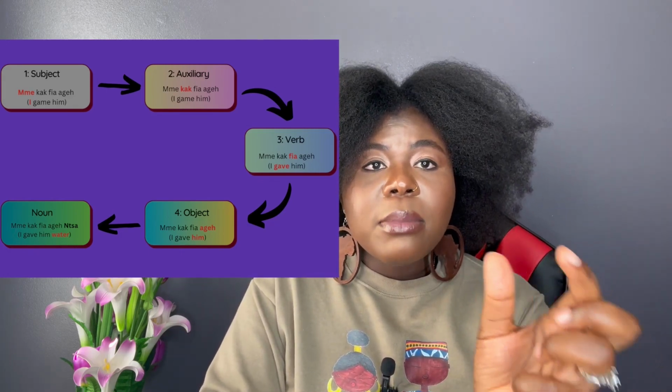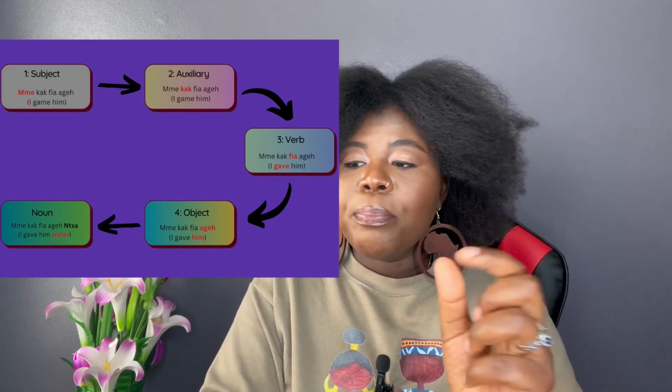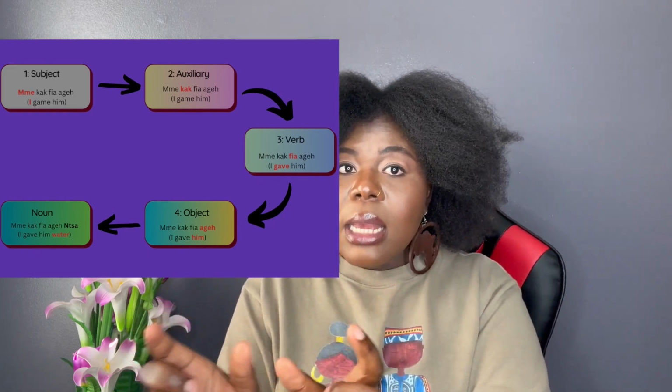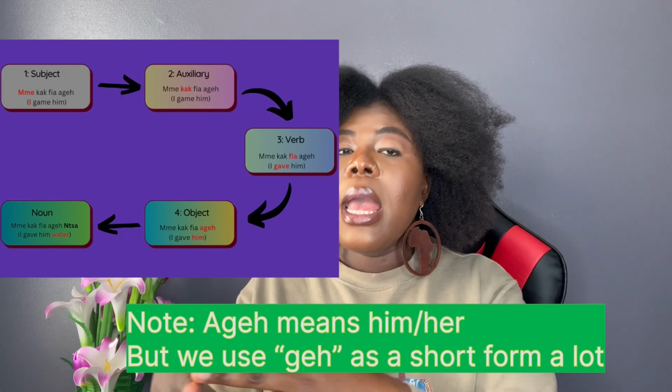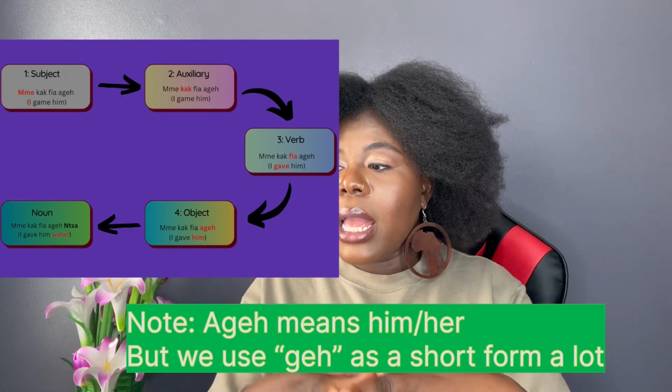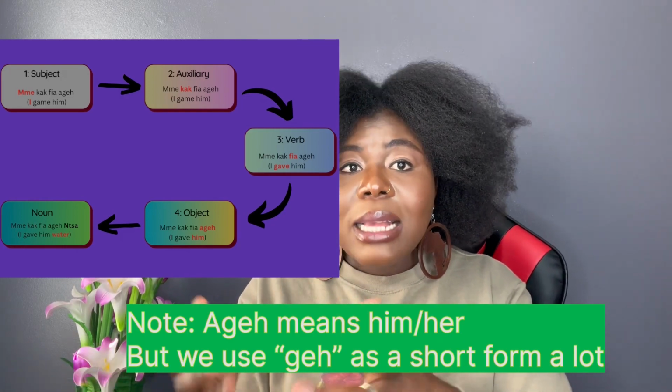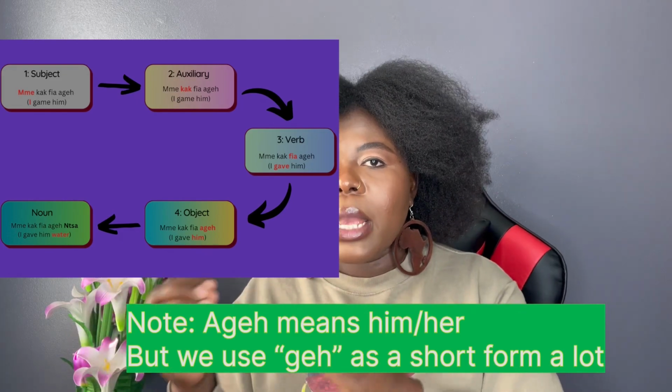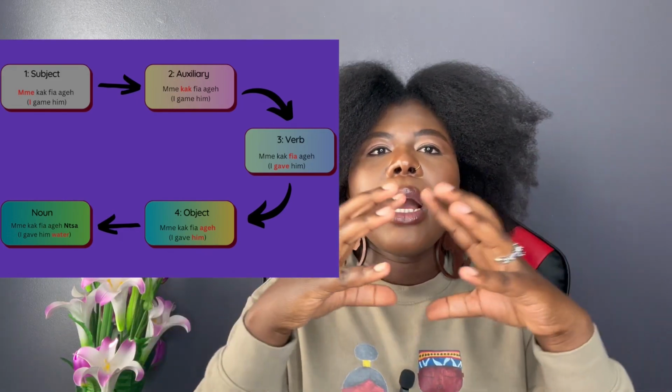Fia means to give. And gi means him or her, right? Agi will be him or her, and that will be the object.